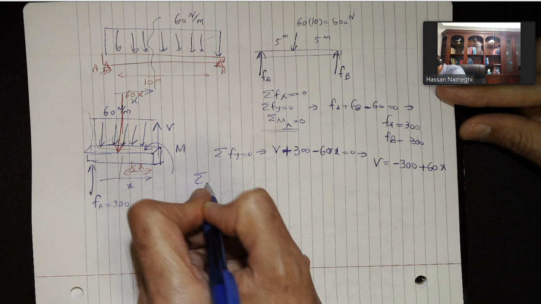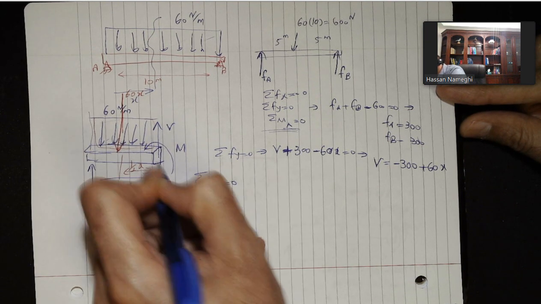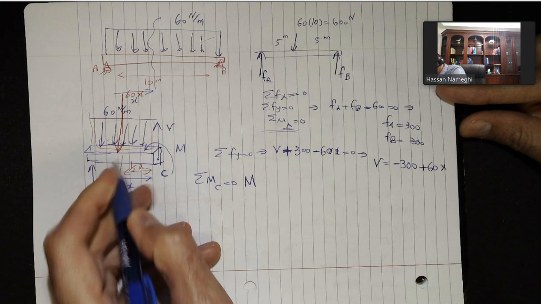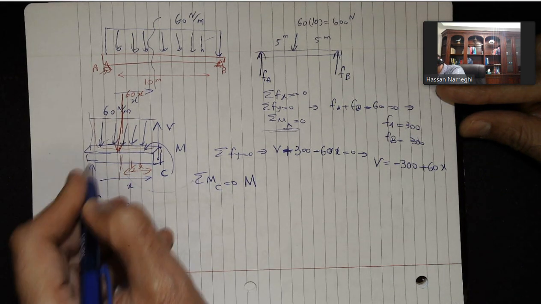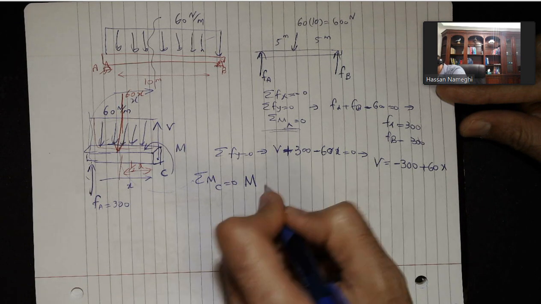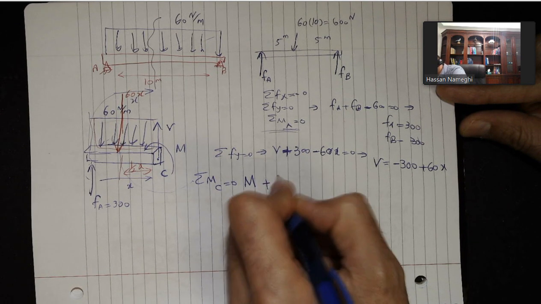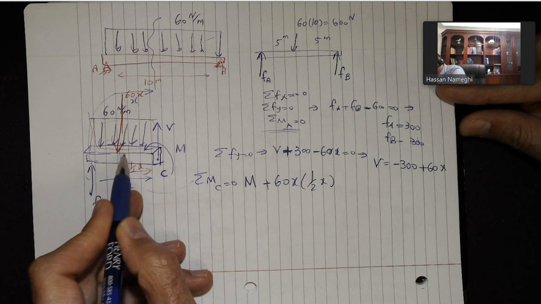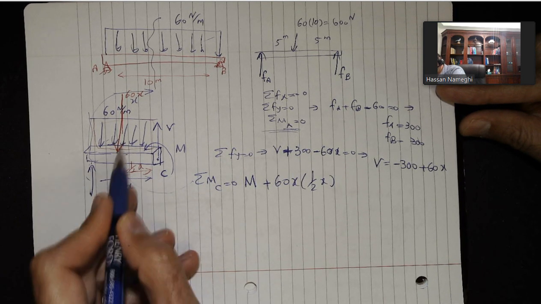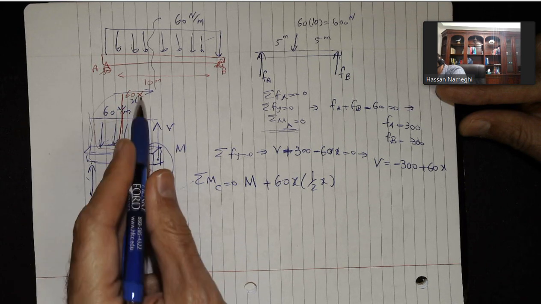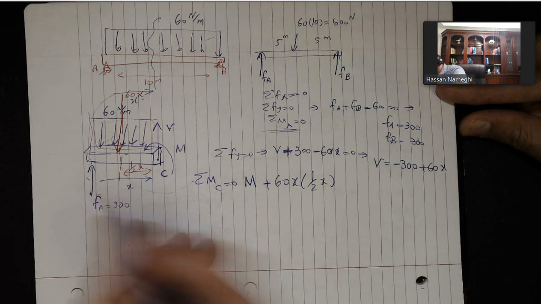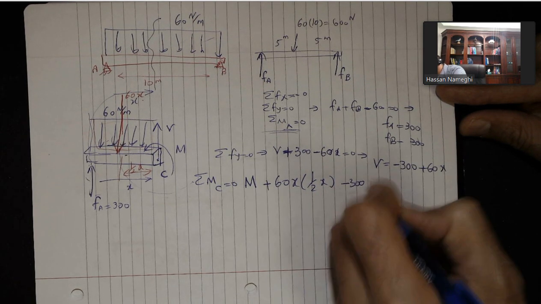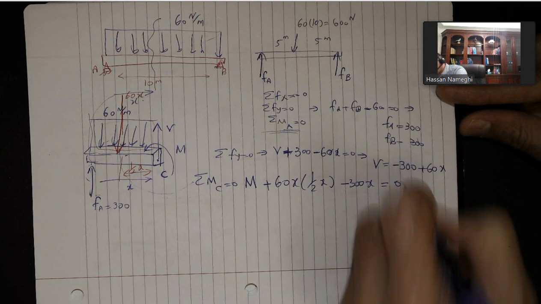So sum of moment about point C equal to 0. I'm guessing this is point C. So I have the M, I have this force that's going to go counterclockwise, and the force 300 is going to go clockwise. So plus 60x times half of x. Okay, this distance is half of x. The force pointing down is 60x. And then I have the 300, so the 300 is going to go clockwise, minus 300 times that distance x, is equal to 0.